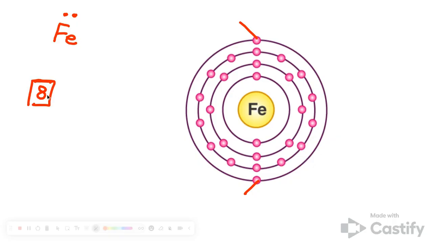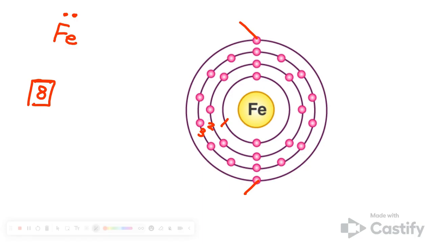Technically, it is 8. Because on its third shell, so we have 1, 2, 3, on this third shell here, there are electrons in the transition metal that are available for bonding. So another definition would be the electrons that can actually participate in chemical bonds. And because iron is a transition metal, its electrons from the third energy level are very high in energy, sitting very near the surface.